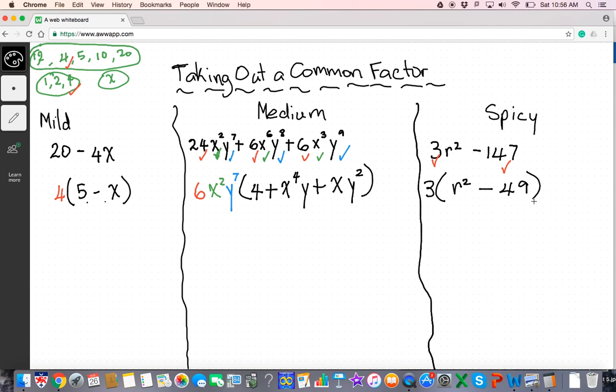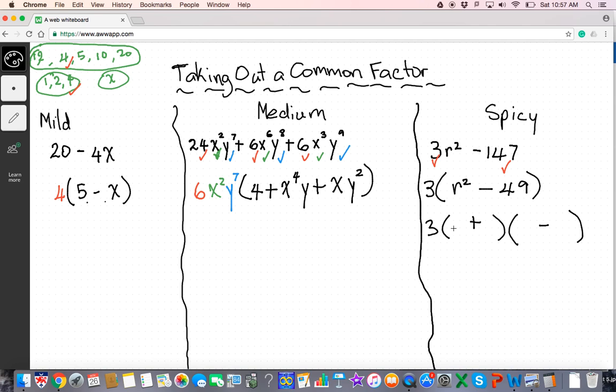Now, it's actually not finished. We finished taking out the common factor, but we didn't finish factoring the expression. At this point, you should recognize that this is the difference of two perfect squares, which I'll factor quickly now. If you're not familiar with the difference of two perfect squares, you should definitely go ahead and watch that video. But quickly, just a quick review. If you have a perfect square here and a perfect square here, and you're subtracting two perfect squares, to factor it, we have always two opposite signs.